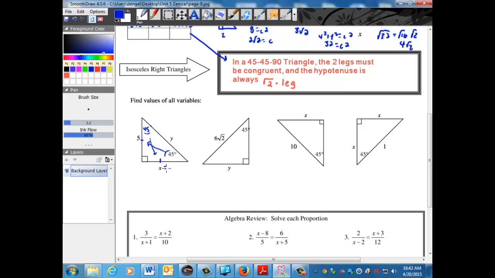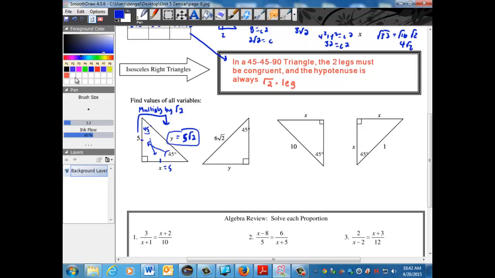So we know that x is going to be 5. Then to move from a leg to a hypotenuse, remember the rule is to multiply by rad 2. I take 5 and multiply it by rad 2, so my answer for y is 5 rad 2.